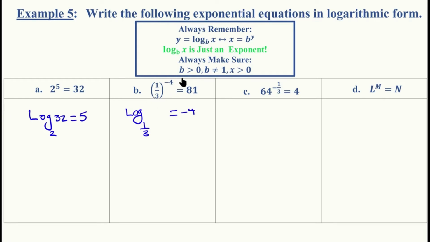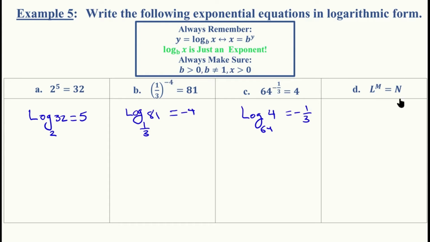And the entire power will be the argument. All right. So for the next one, we have log, the base is 64, and the exponent is -1/3, so that's going to be the entire logarithm. And the power, which is 4, will be the argument.